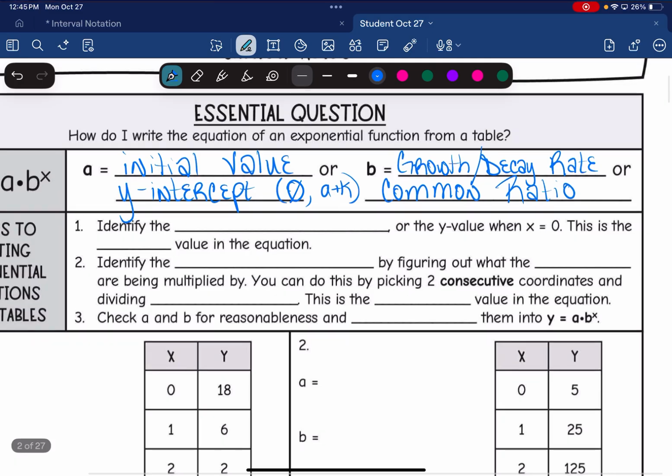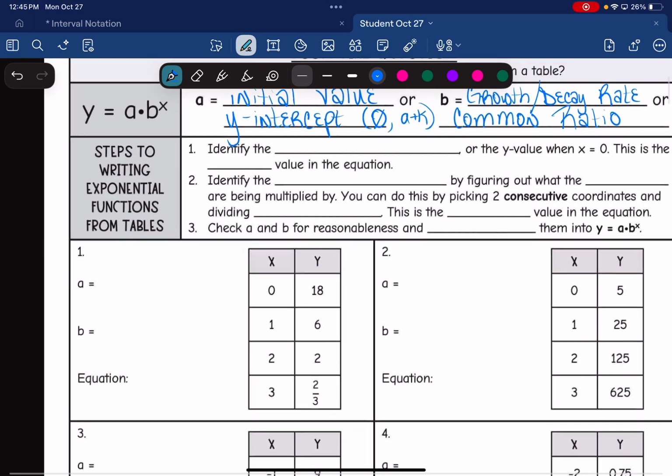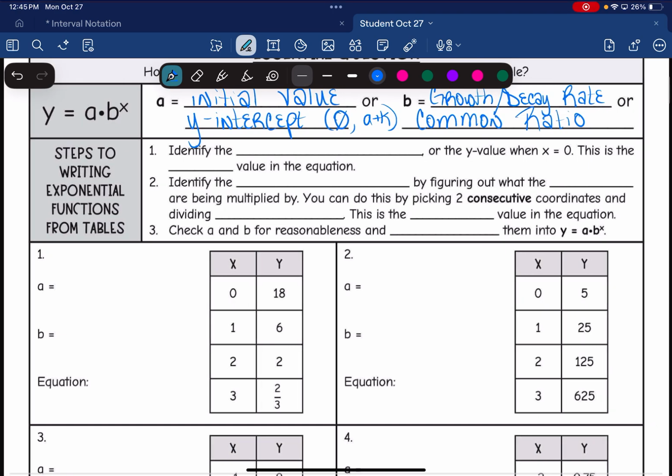So, what we need to do to identify the equation is the first step, because we do not know what your asymptote is. We can't tell from just this table. We're going to find your y-intercept.